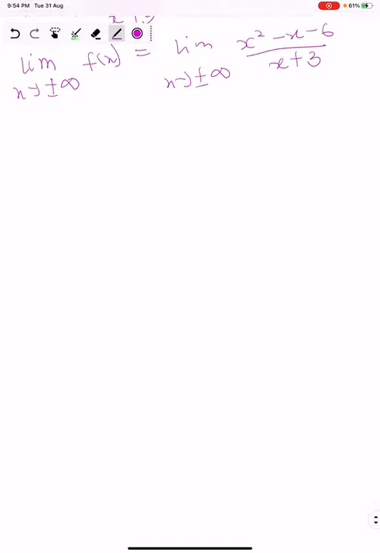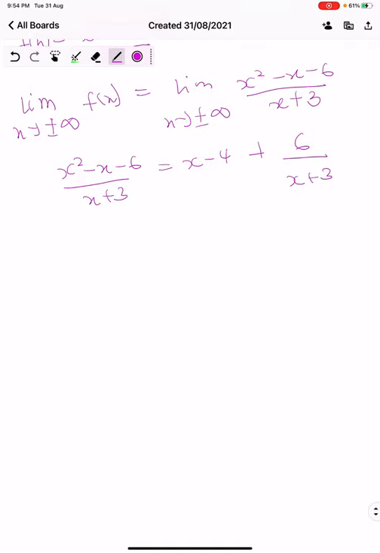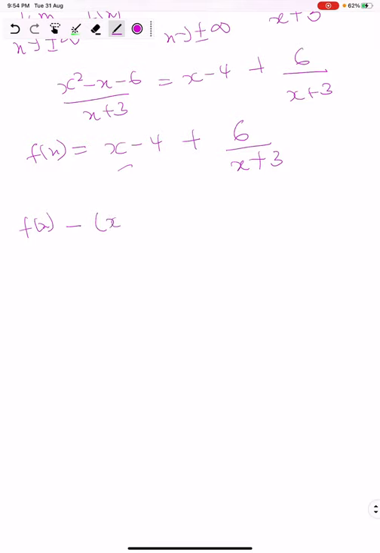If we divide these, x squared minus x minus 6 over x plus 3 is the same as x minus 4 quotient plus remainder 6 divided by the divisor x plus 3. So f of x is equal to x minus 4 plus 6 over x plus 3. We take the quotient to this side, so f of x minus x minus 4 is equal to 6 over x plus 3.